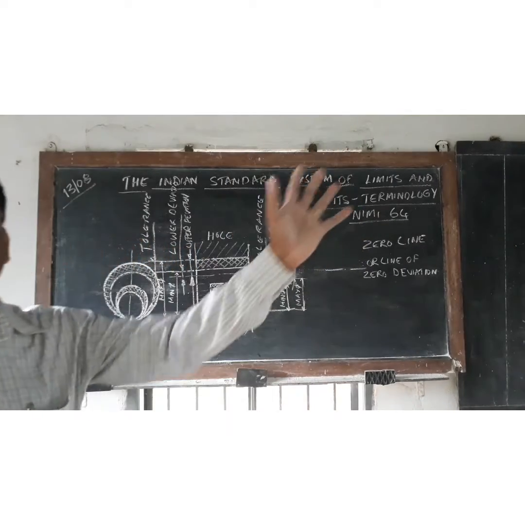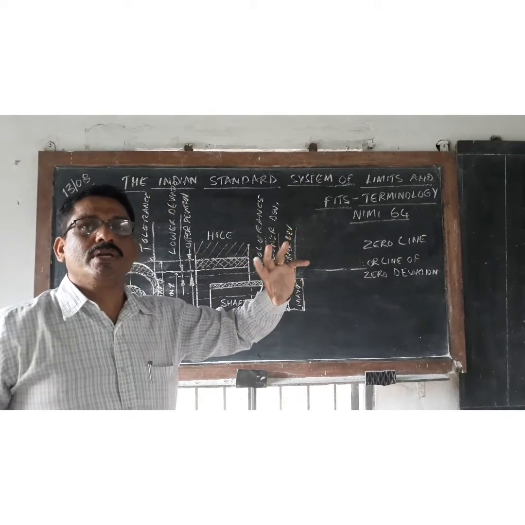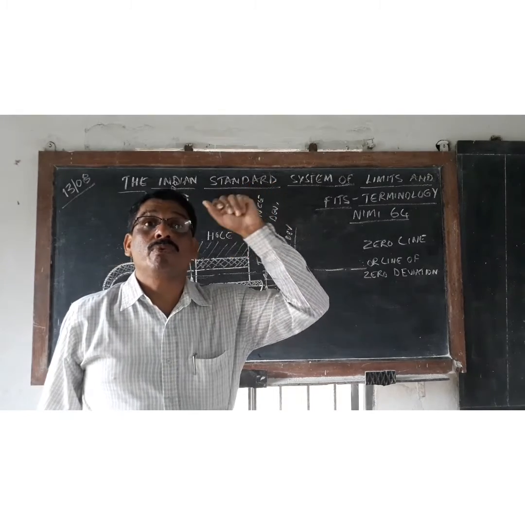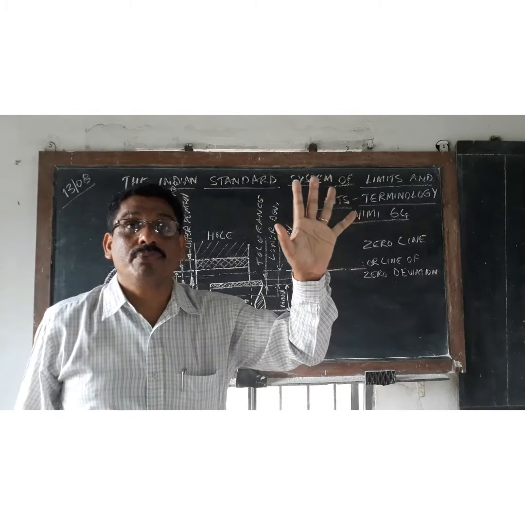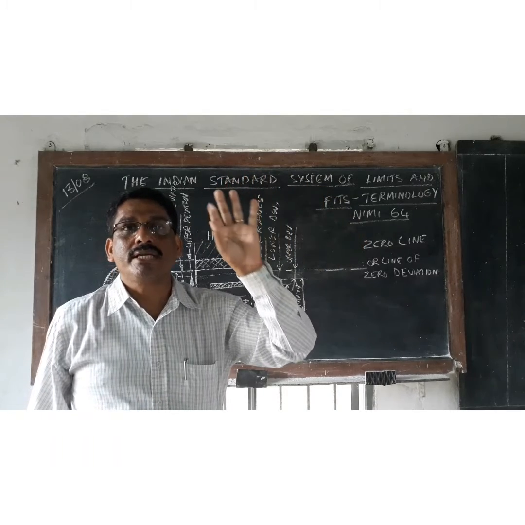Once you understand exactly how this is, you can do any type of fit. You can do a clearance fit, an interference fit, or a transition fit. This is very important, and there is calculation also.